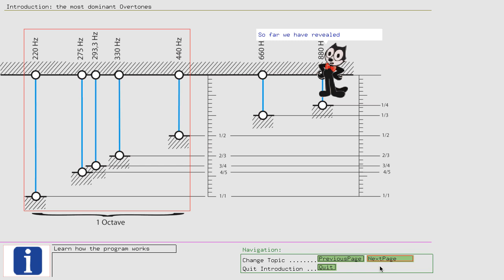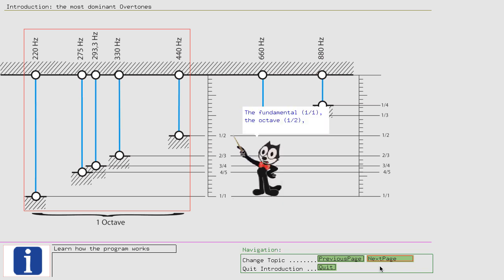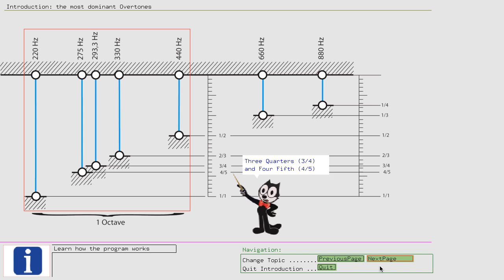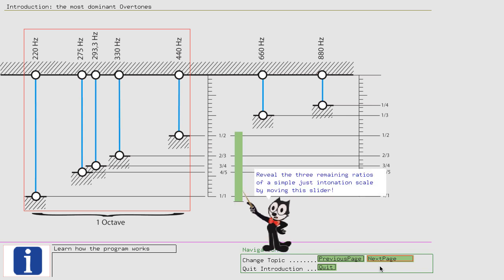So far we have revealed the following 5 natural ratios: the fundamental, the octave, 2/3, 3/4 and 4/5. Reveal the 3 remaining ratios of a simple just intonation scale by moving the slider.